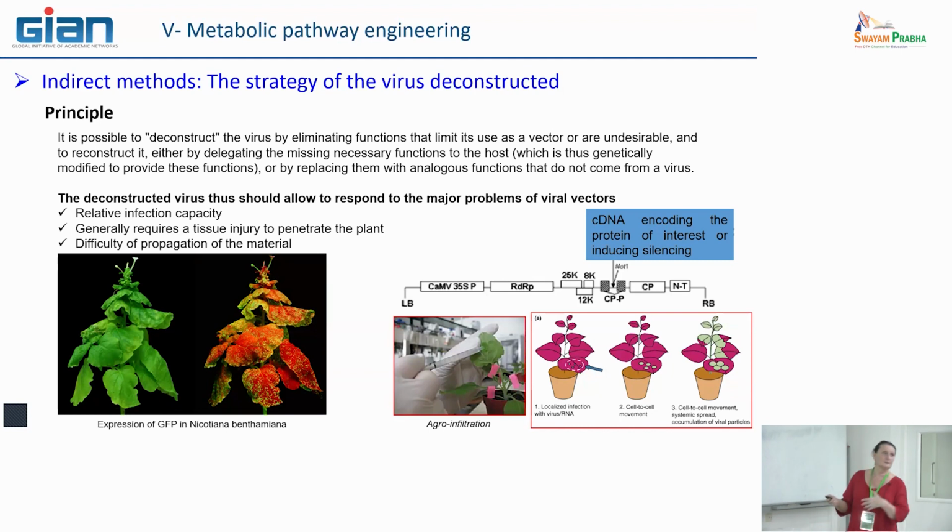So it is what I say to you: you can compare a transformed leaf to an untransformed leaf in order to see if there is some differential expression of gene or protein and so on.